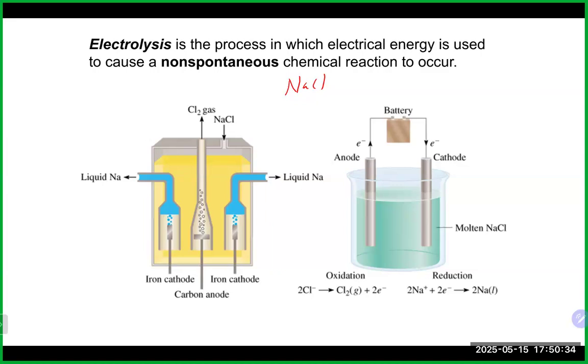But if you heat it to a certain temperature and apply a little electrical current, that will allow it to break apart from sodium chloride into its elements: sodium metal, basically liquid sodium at that point, and some chlorine gas.